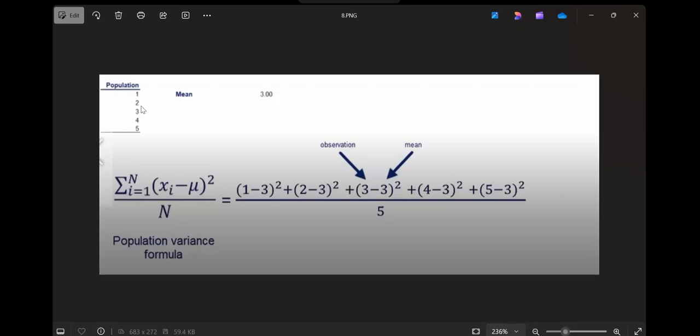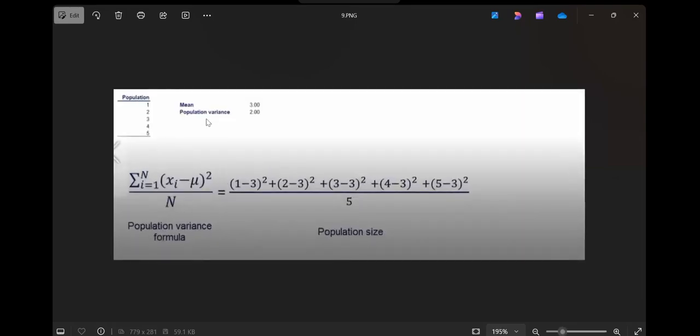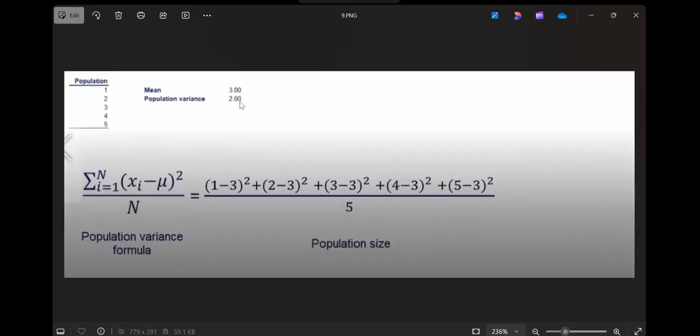Every record is one observation. If I solve this, the population variance is 2.